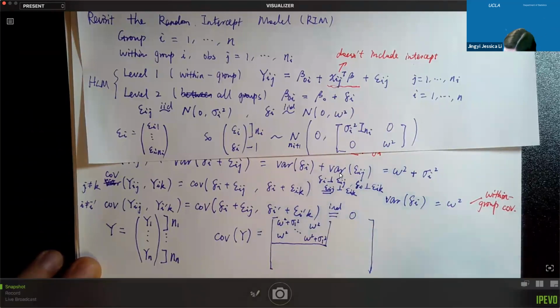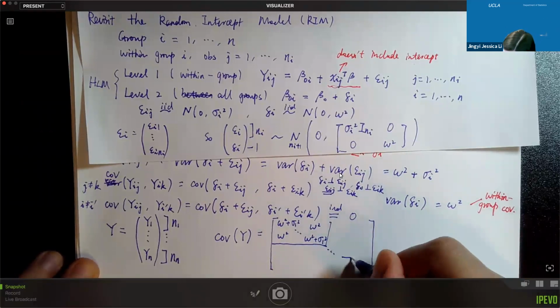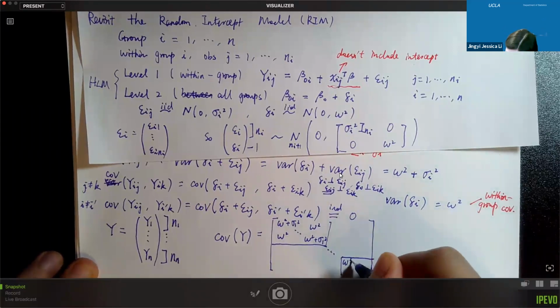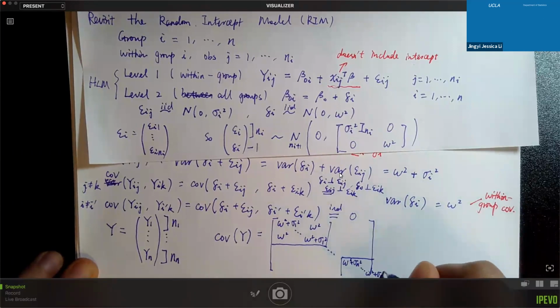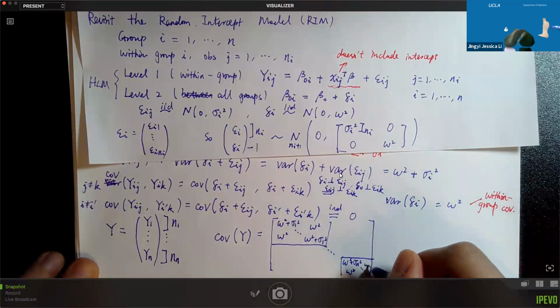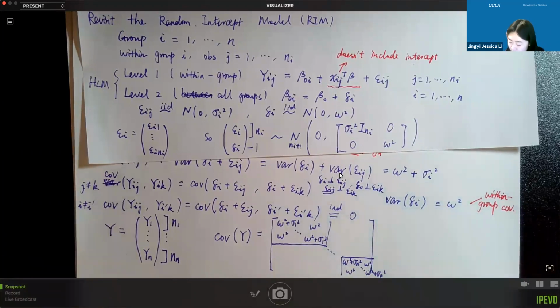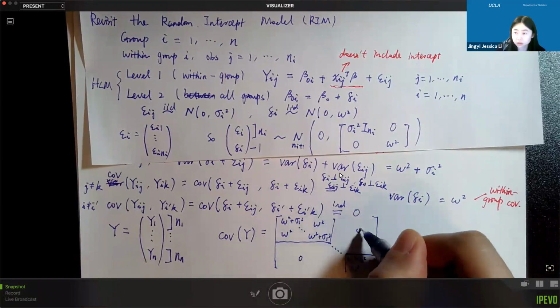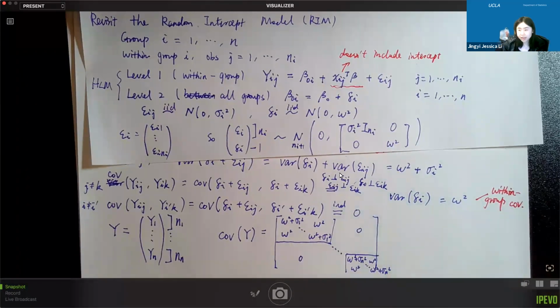And for the last nm by nm block, I'm going to have omega squared plus sigma n squared in the diagonal, and omega squared in the off diagonal. And everything else is just 0. So that's my covariance structure for the response.